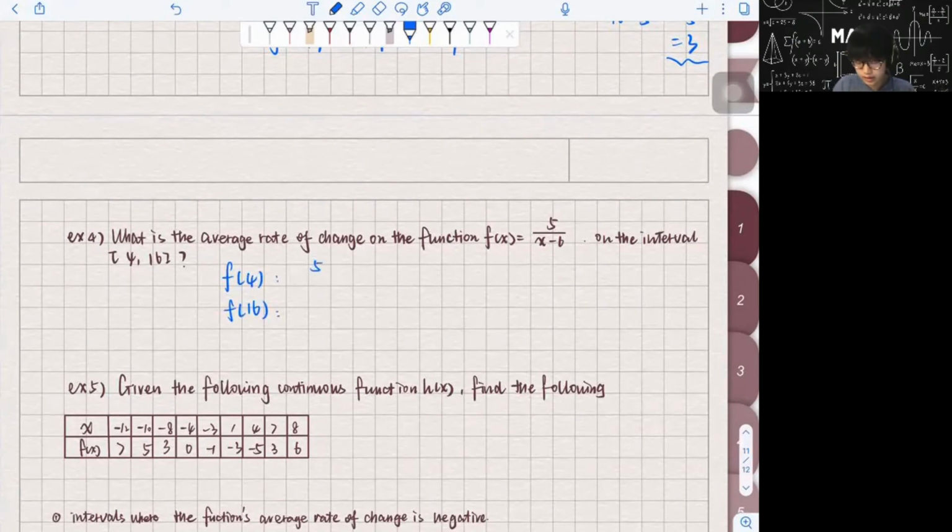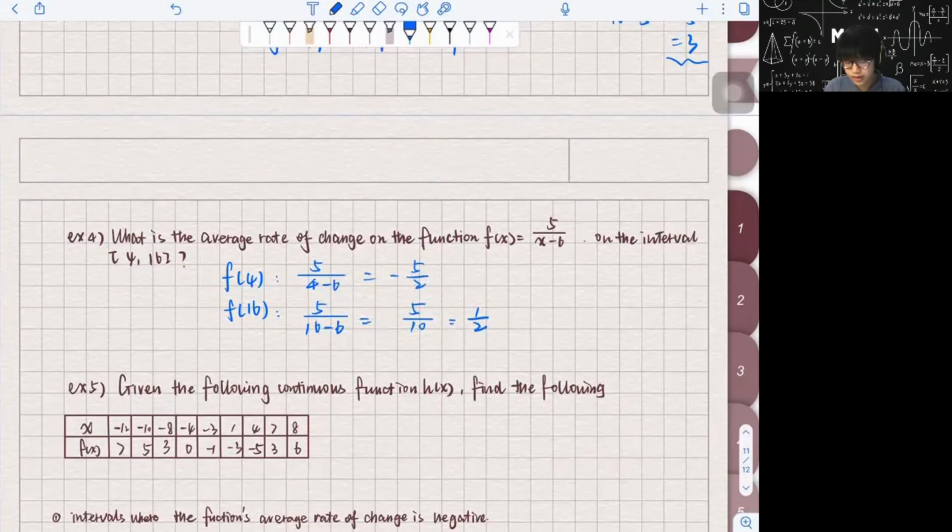So here is 5 over 4 subtract 6 equals -5 over 2. And here is 5 over 16 subtract 6 equals 5 over 10 equals 1/2.